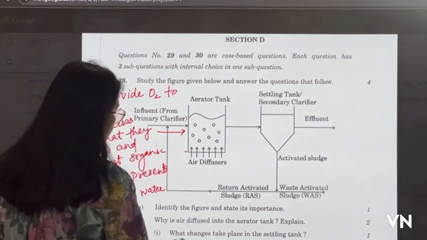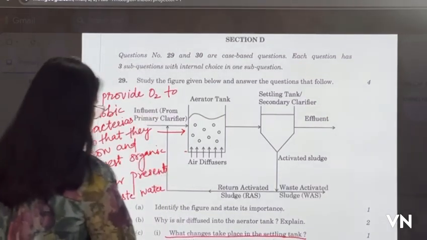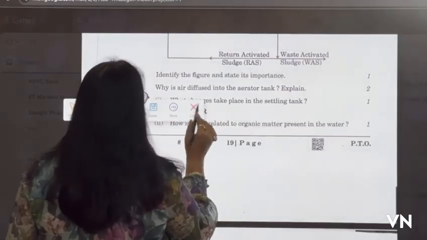Next is, what changes take place in the settling tank?